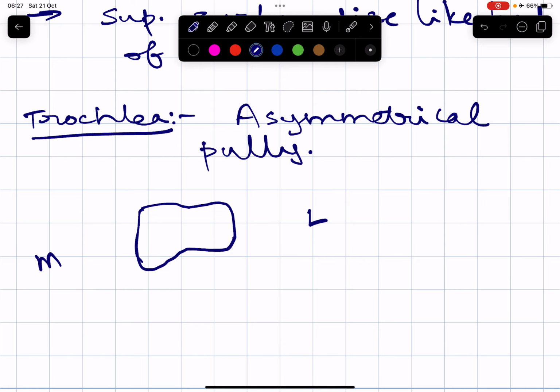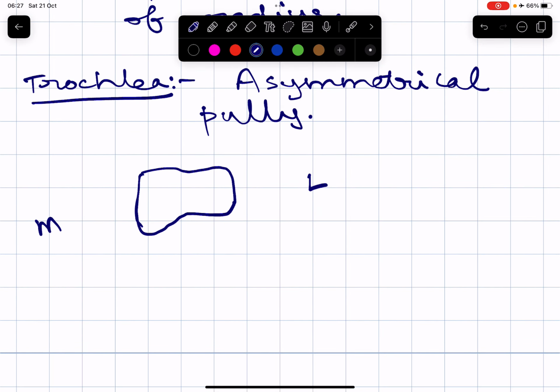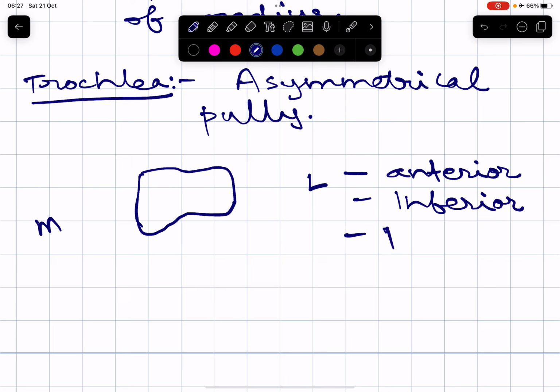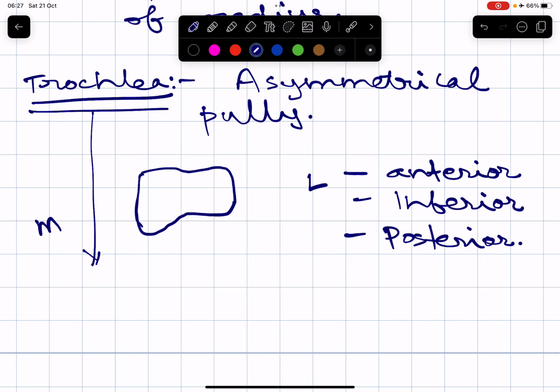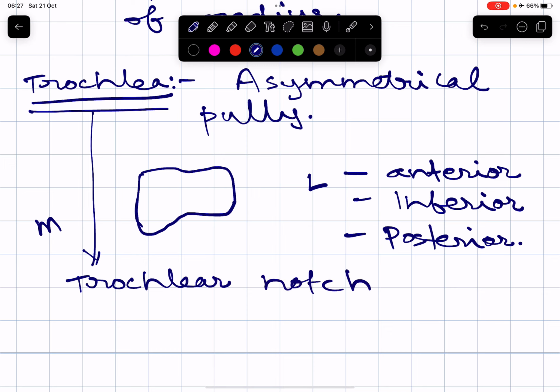Its articular surfaces are anterior, inferior, and posterior. It simply means that the trochlea has this articular surface in front, below, and behind. So what does this trochlea articulate with? It articulates with the trochlear notch of the ulna.